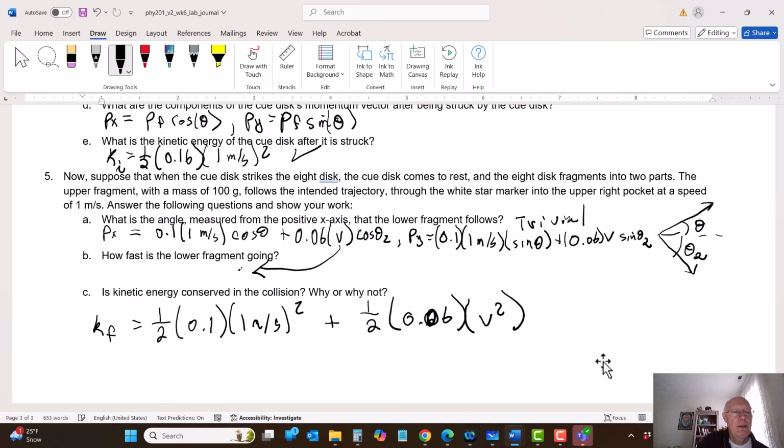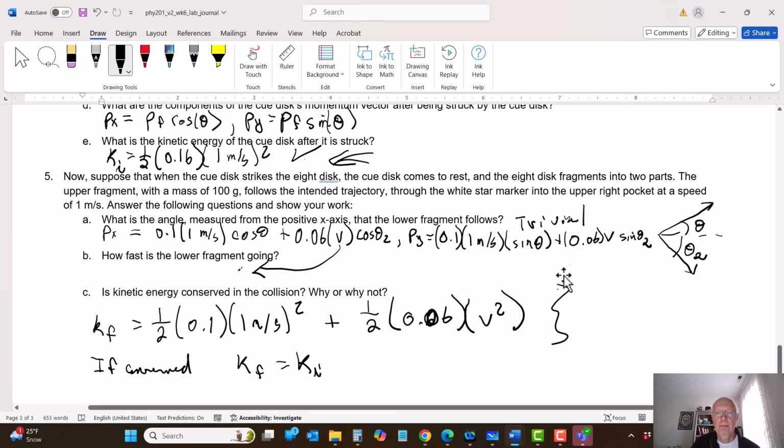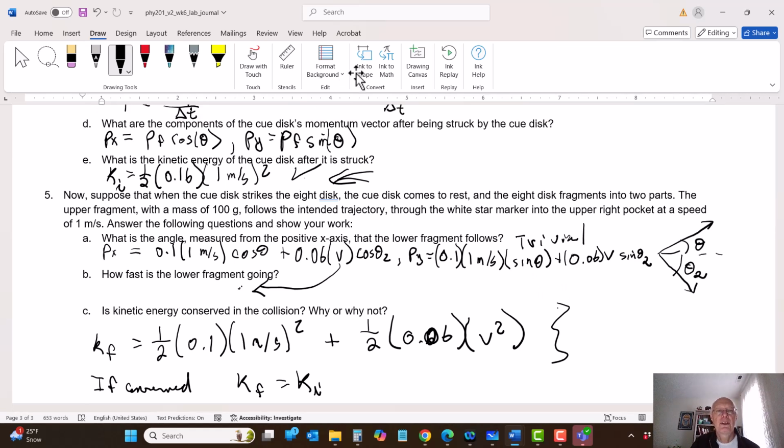So if kinetic energy is conserved, then K final equals K initial. This sum here will equal this up here. If they're equal, kinetic energy is conserved. If they're not equal, it's not conserved. So you should be able to answer that. So those are all my hints for this problem set.